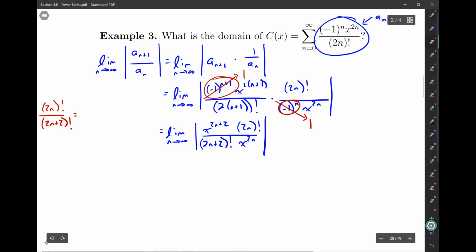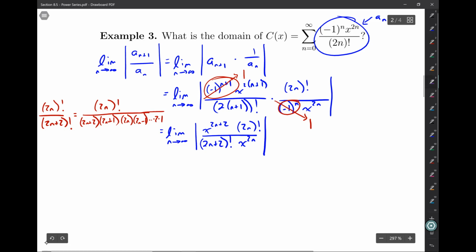Now, 2n factorial, I'm just going to leave written as 2n factorial. But in the denominator, we have a 2n plus 2, multiplied by 1 less than that, that would be 2n plus 1, multiplied by 1 less than that, well, that's going to be 2n, multiplied by 1 less than that, that'll be 2n minus 1. And we continue this process till we get a 2 and a 1.